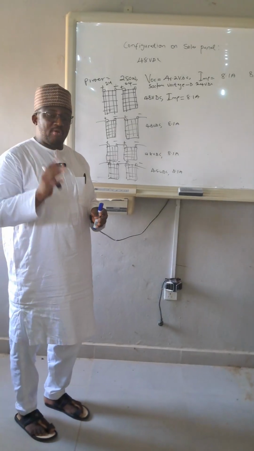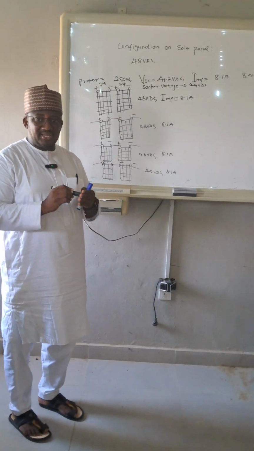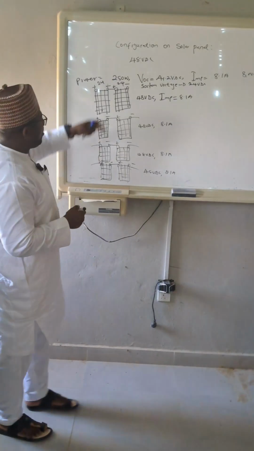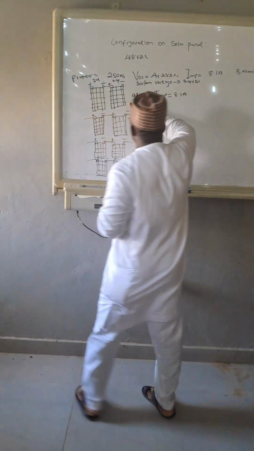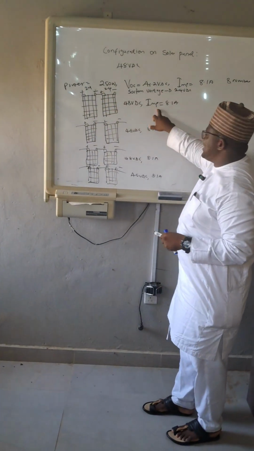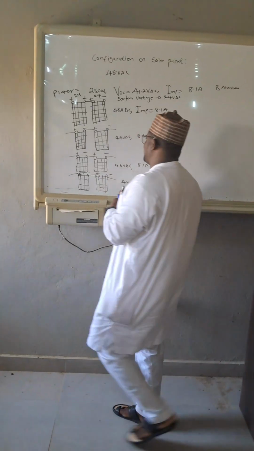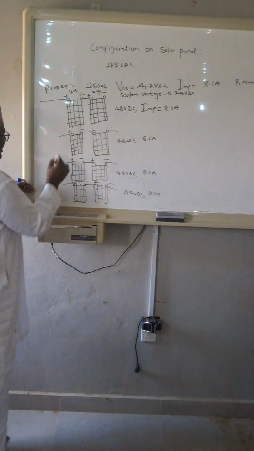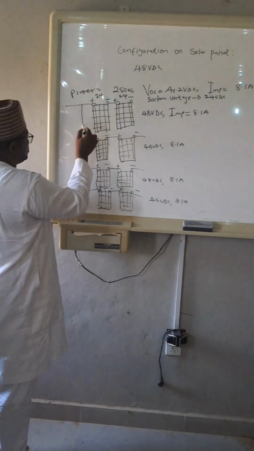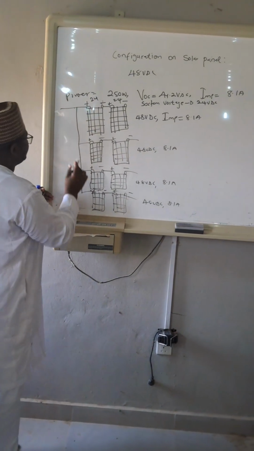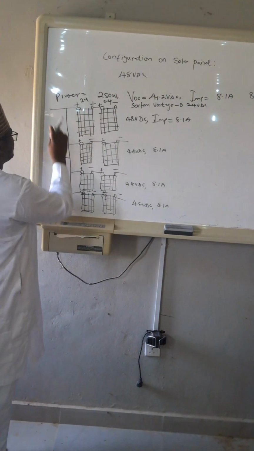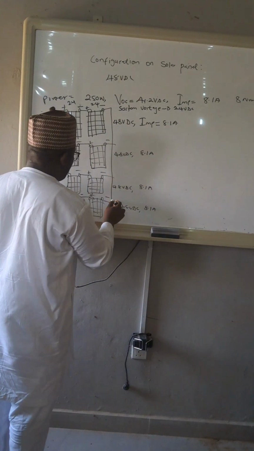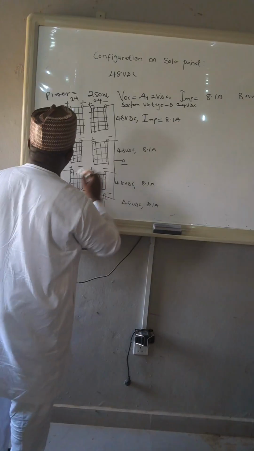In parallel connection, current is added while the voltage will remain constant, while in series connection, voltage is added while the current will remain constant. Like this, we say this is plus, another plus, another plus. We are going to join them together like this, plus, and then we have another one here, minus.